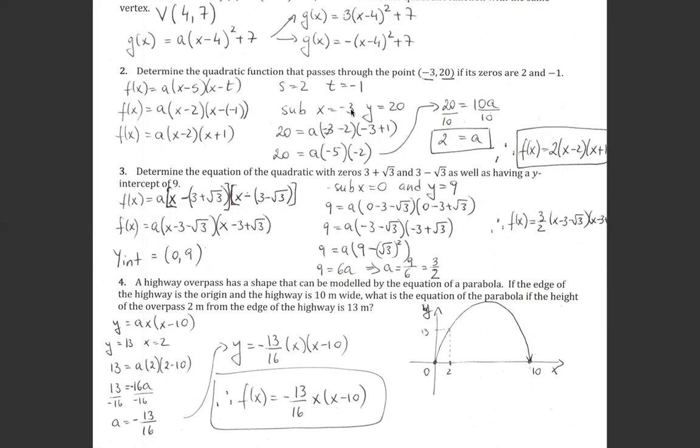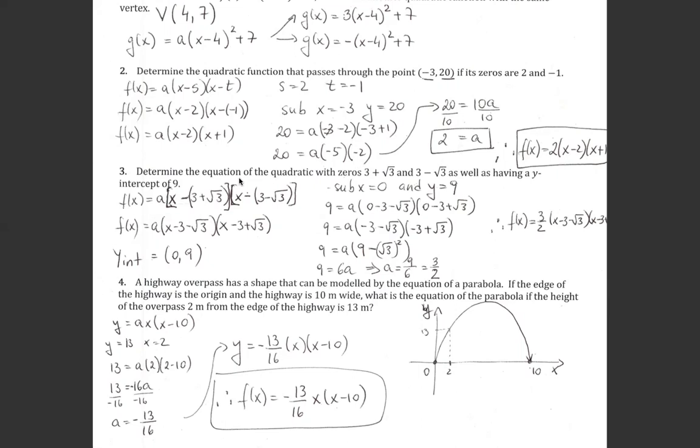So if we substitute -3 and 20 into f(x), we have 20 = a(-3 - 2)(-3 + 1). -3 minus 2 is -5, -3 plus 1 is -2, so 20 = 10a, which means a = 2. So the quadratic function that passes through this point and has zeros 2 and -1 is 2(x - 2)(x + 1).